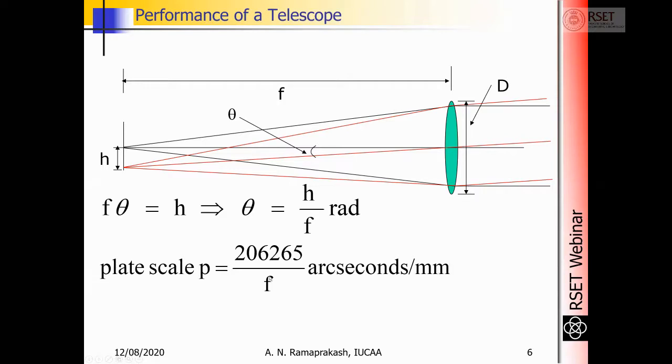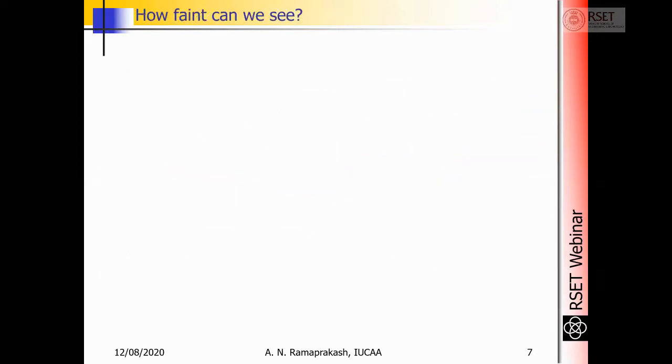So you can clearly see that it's the focal length of the telescope which defines the separation in its focal plane, and thereby what fine details the telescope is able to show. So clearly, the astronomer's quest is to make telescopes which are larger in diameter and larger in focal length.